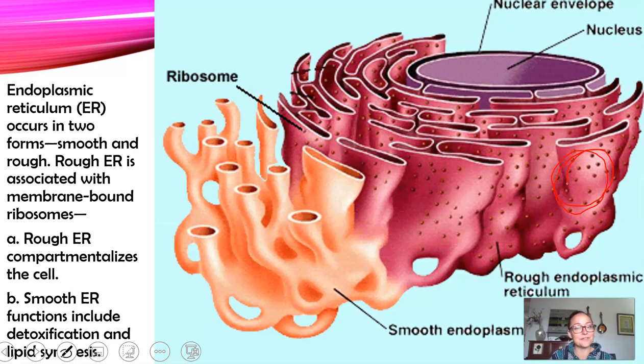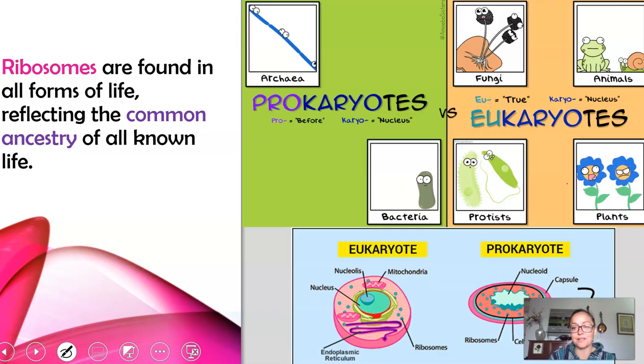There are also free-floating ribosomes in the cytoplasm, and those proteins, like right here, made by those ribosomes will stay within the cell.